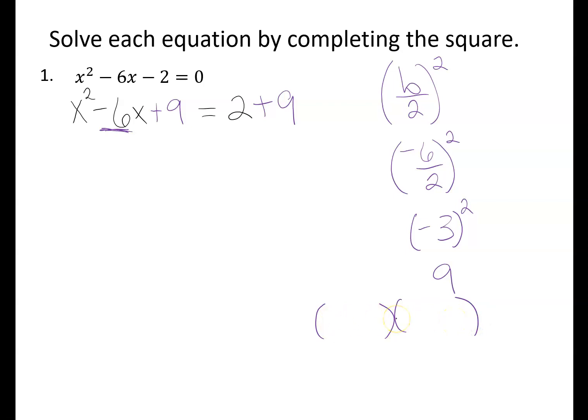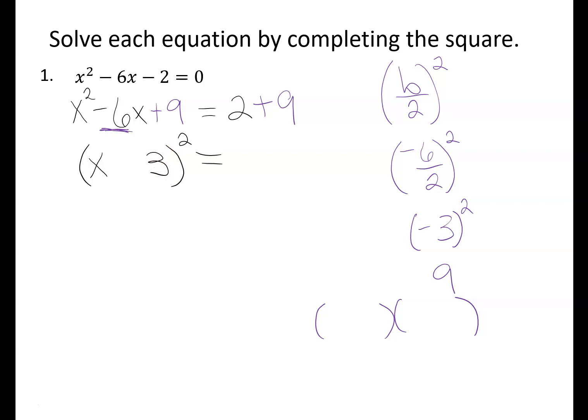So rather than writing it out twice, we're going to go straight to writing it as a binomial squared. Now, there's a couple of ways you could determine what goes inside those parentheses. You could square root the x squared, which is x, and square root the 9, which is 3.